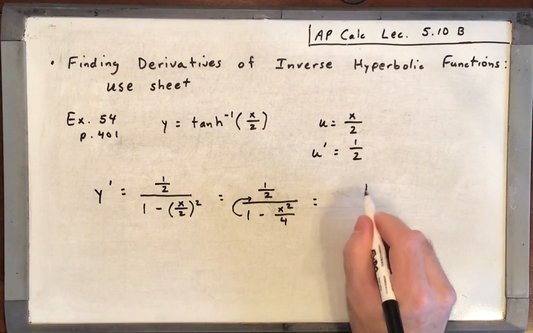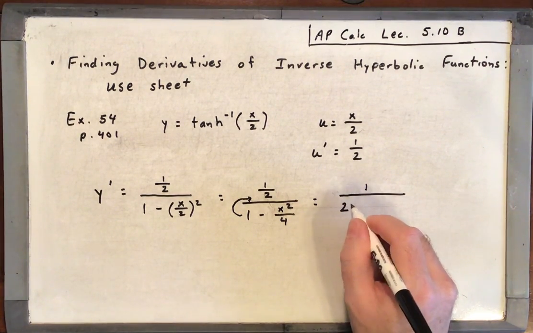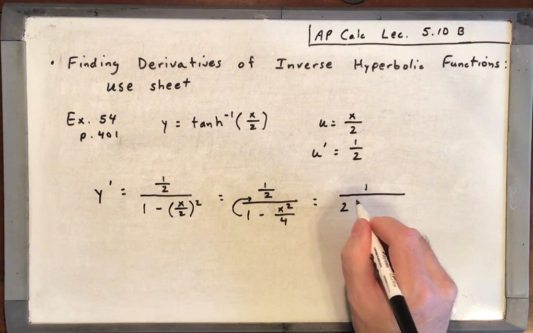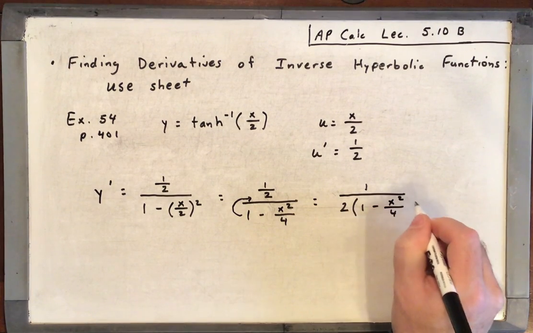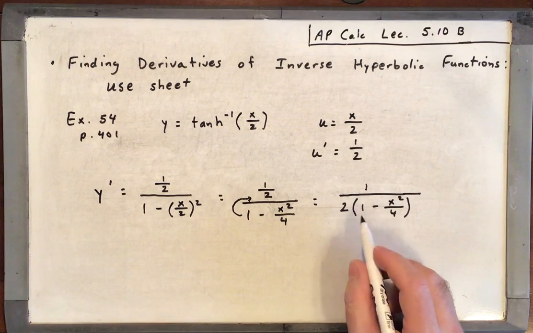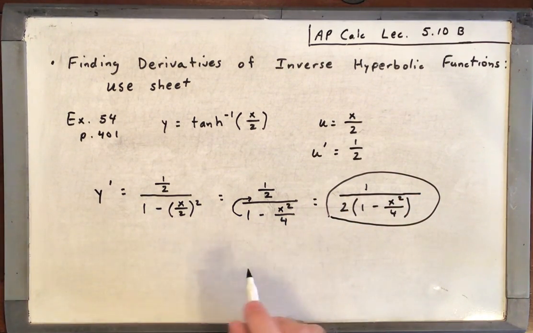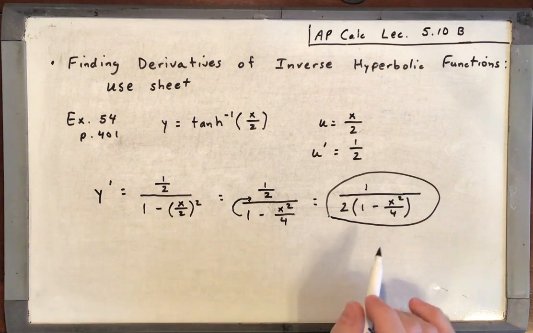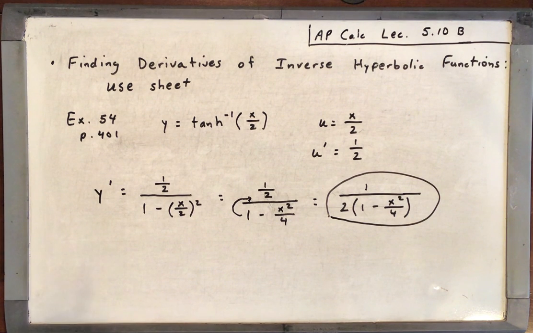So that would be 1 over 2 times 1 minus x squared over 4. Now the book will do a lot more than that, but I'm going to just let it go right there. I will write down some of the answers that I would accept so that you're not confused by the back of the book in a minute.